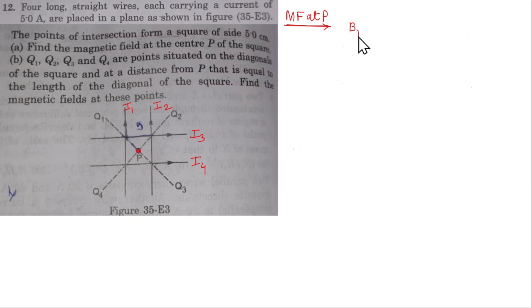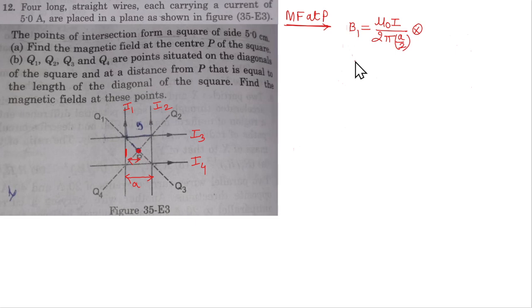Let us consider it is B1, which is equal to mu naught I divided by 2 pi, and we are considering the side of this square as A. So the distance between this current I1 and point P is A by 2, so we can write A by 2. The direction of this magnetic field using the right hand rule is into the plane of paper, so you can use this cross sign.